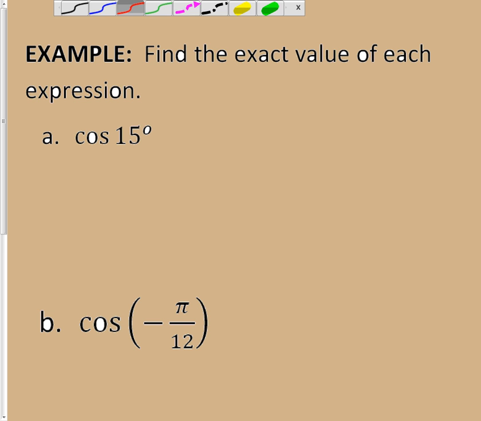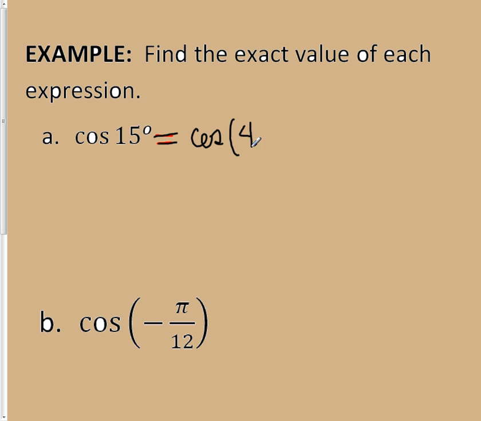We know that we can rewrite cosine of 15, let's go with black. So we're going to rewrite the cosine of 15 degrees as the cosine of, if we take 45 and subtract off 30, the answer would be 15. So we're going to have the cosine of 45 minus 30.